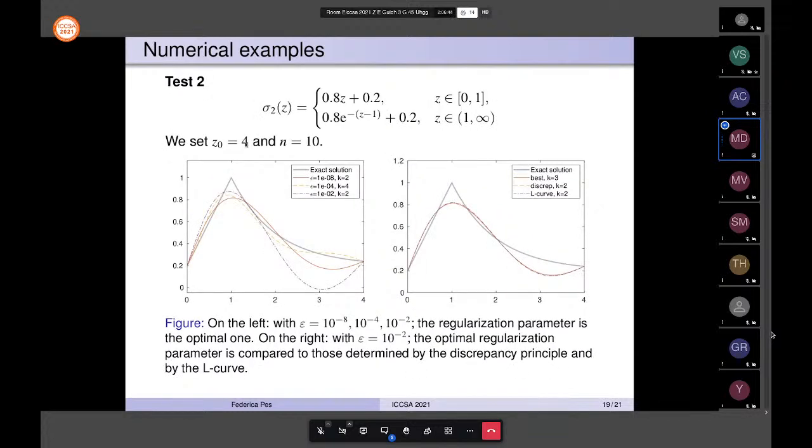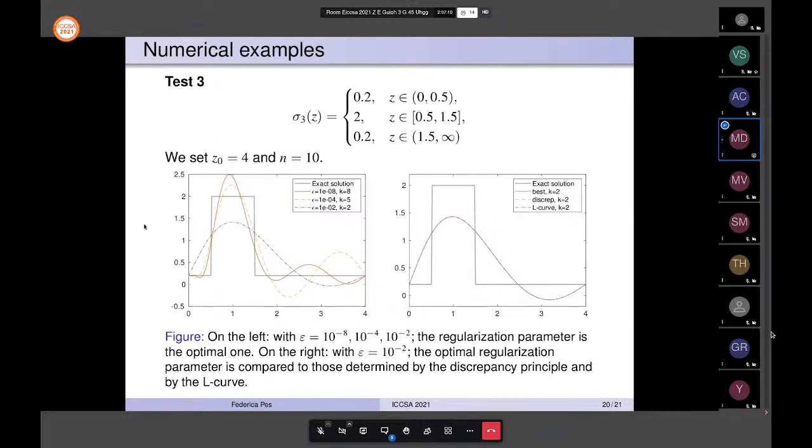Here we have a second example. We can see that at this point, in which the function is non-differentiable, the reconstruction is not very accurate, but anyway, the maximum is located.